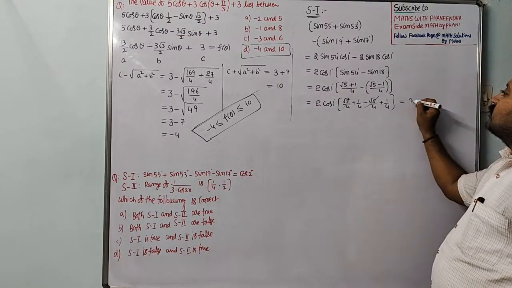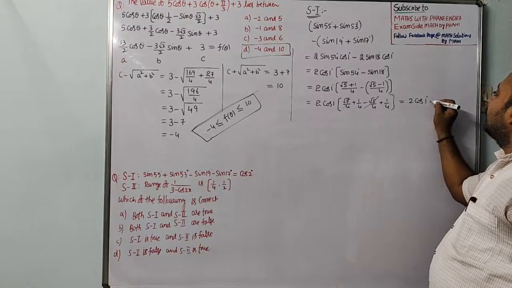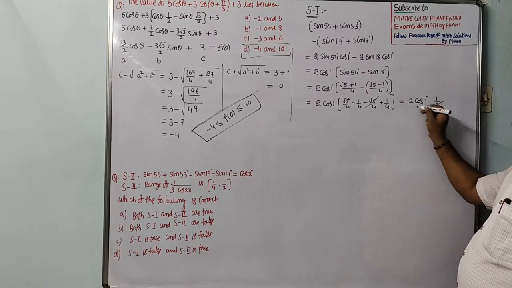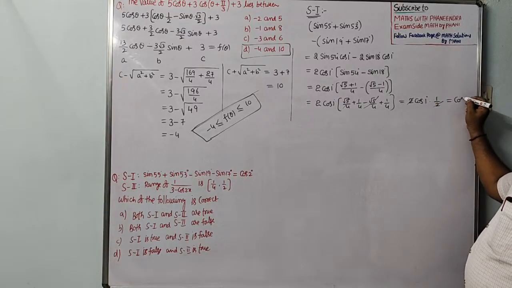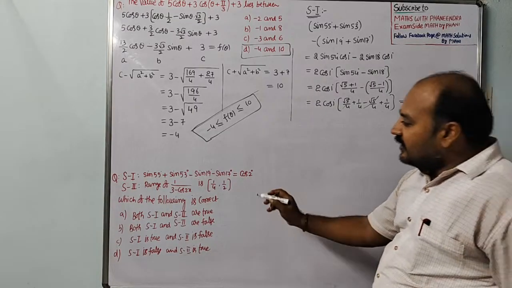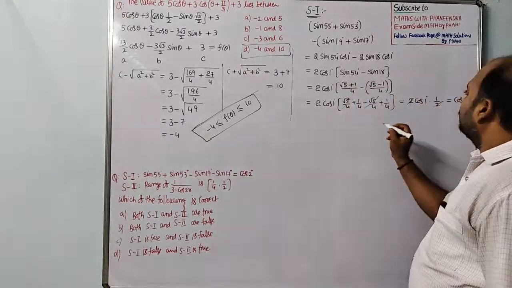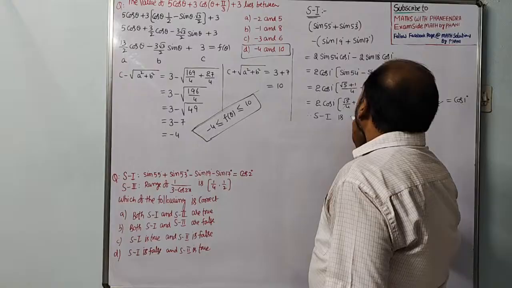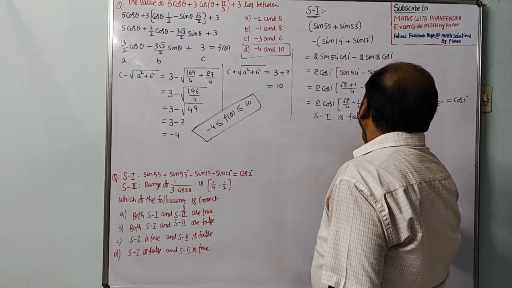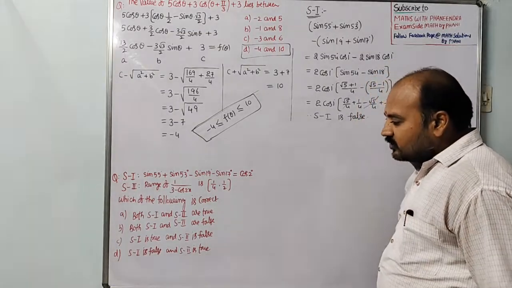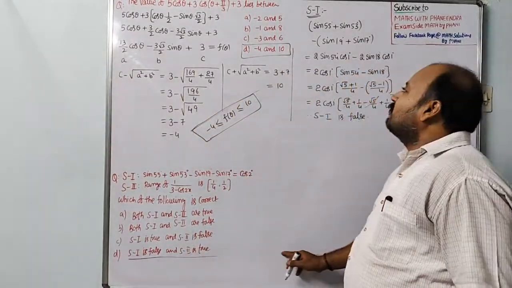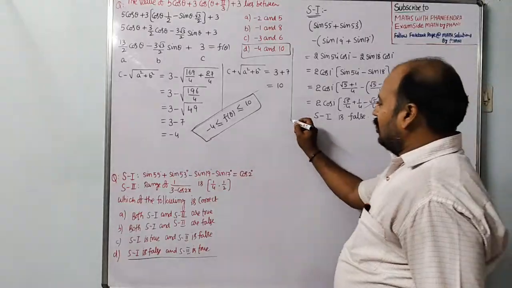So which is equal to 2 cos 1 degree into 1 by 4 plus 1 by 4, 1 by 2. 2 gets cancelled. Cos 1 degree. It is given as cos 2 degrees, no? So therefore, we conclude that statement 1 is false. So obviously it comes, but we need to prove whether it is correct or not.